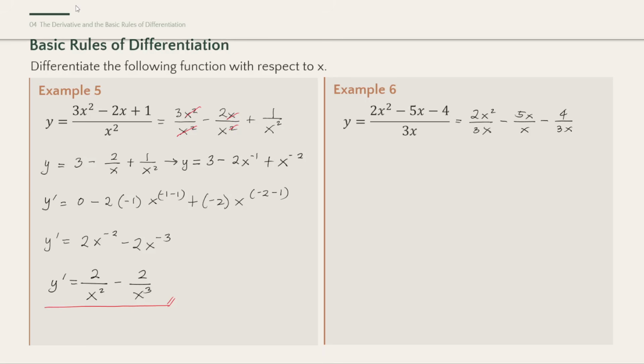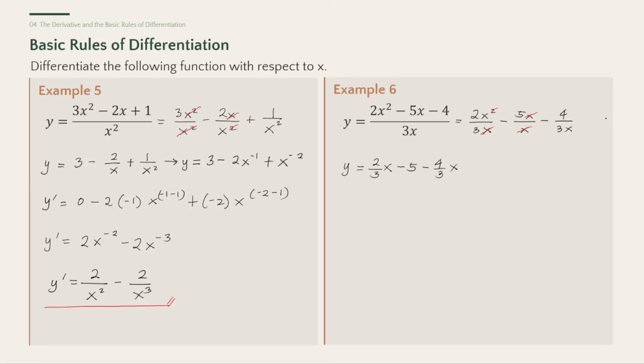Then cancel out the cancelable terms. So x and x squared. Here we can cancel x. Then the function becomes this is only 2/3. Then there will be an x that remains on the numerator, minus this one is just negative 5. Then the last one is 4 over 3x.